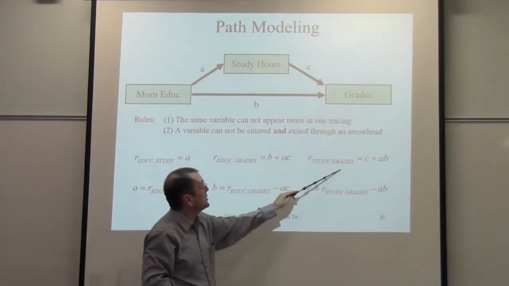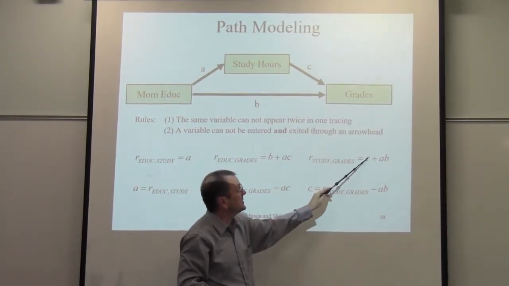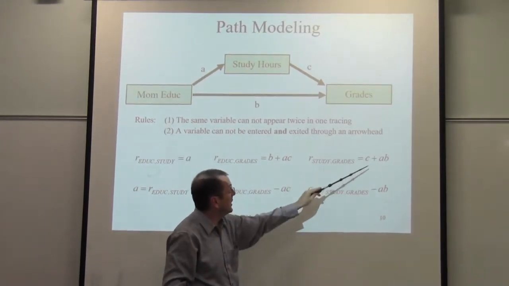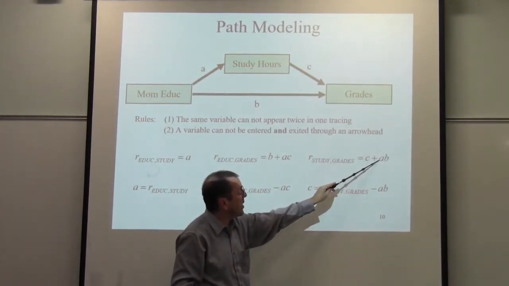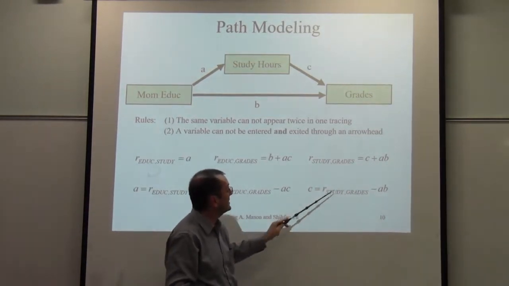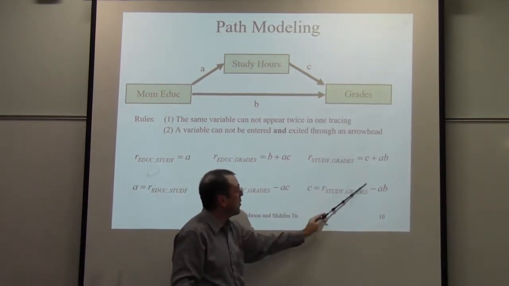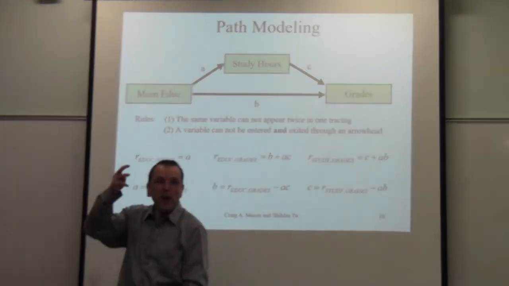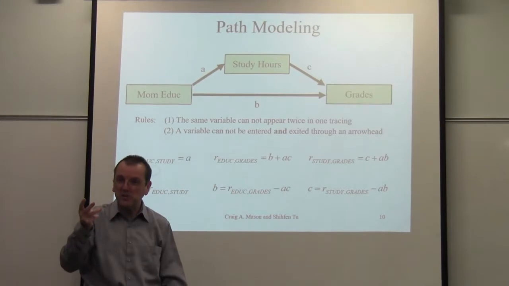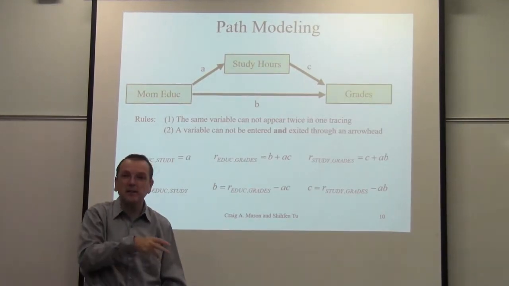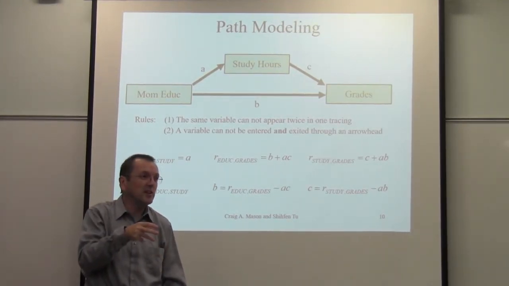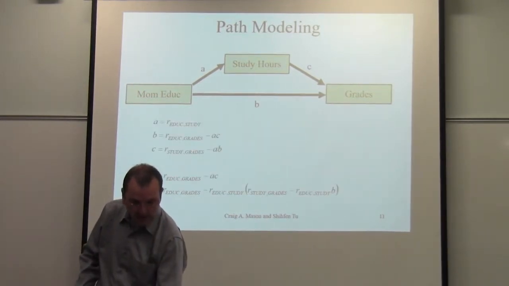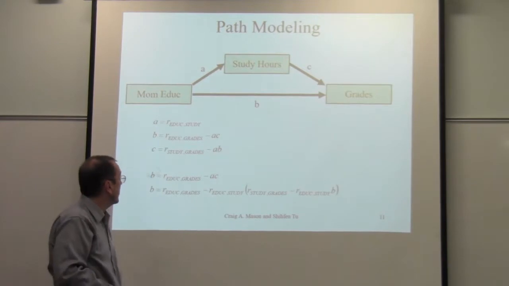So the correlation between study hours and grades is C plus A times B. So we subtract A times B from both sides, and we get C is equal to the correlation between study hours and grades minus A times B. So we have three equations and three unknowns. So if you think way back to solving multiple equations, we can actually make this work.